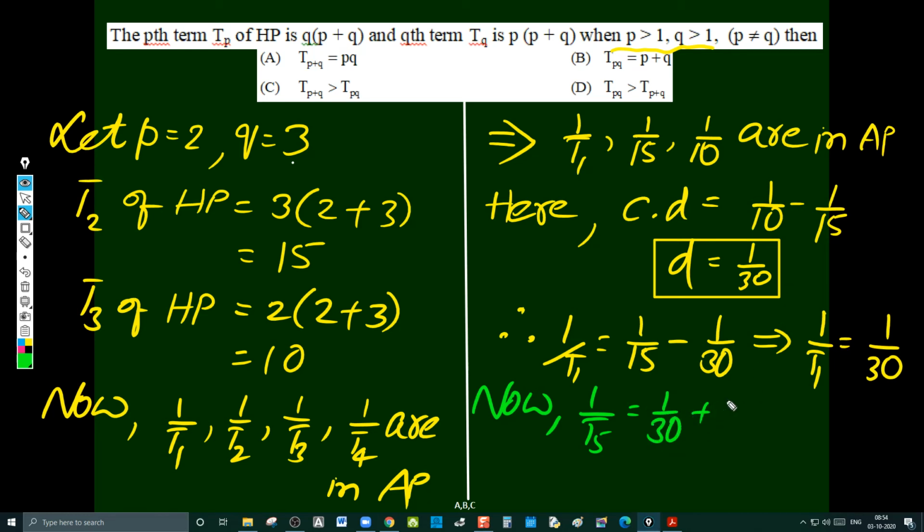It's nothing but 5 by 30. It's nothing but 1 by 6. So it's nothing but 1 upon PQ, that is 2 into 3. So T5 is PQ, correct? A is correct.